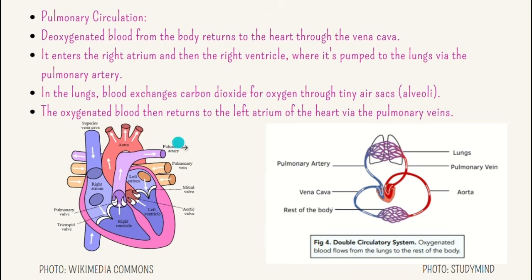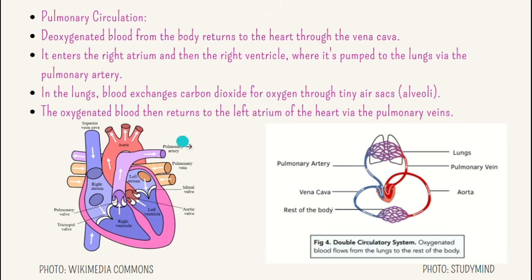Then oxygenated blood is going to return through the pulmonary veins, right? So it's going to return through the pulmonary veins, go through the left atrium, then through the left ventricle, and then go out through the aorta. After the gas exchange takes place in the alveoli in the lungs, that oxygenated blood is going to come back.